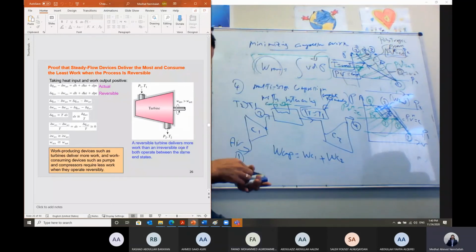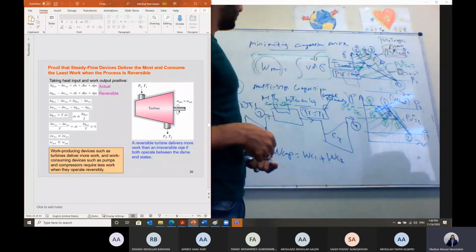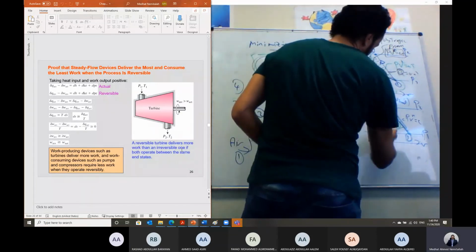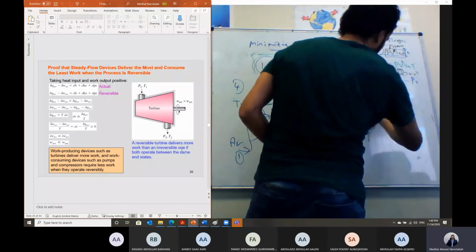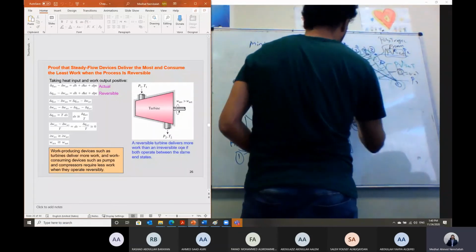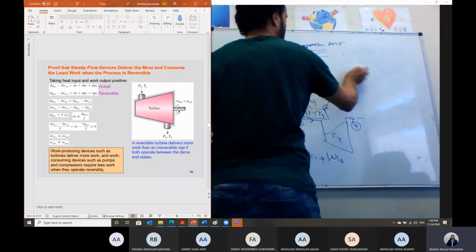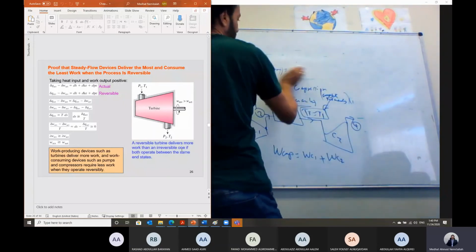Right. I just want to make this figure a little bit bigger. So this is very important. What we have done is multi-stage compression with intercooling.